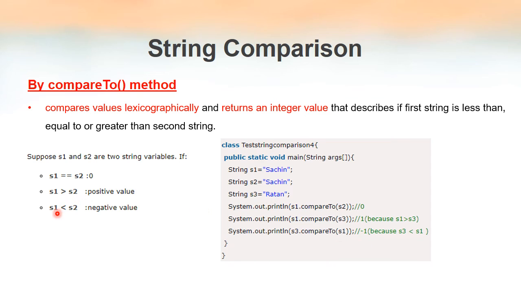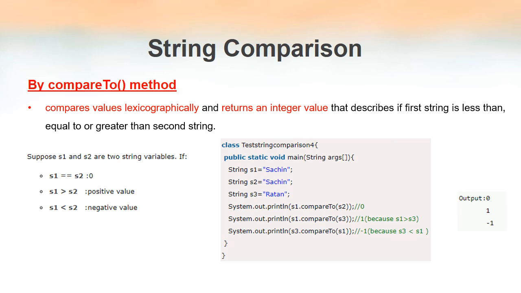So this will give us -1 as the output because the first string, S3, which is Ratan, is less than the second string, that is Sachin. So when we execute these lines of code, we will be getting the output as 0, 1 and -1. This is how the compareTo method works.